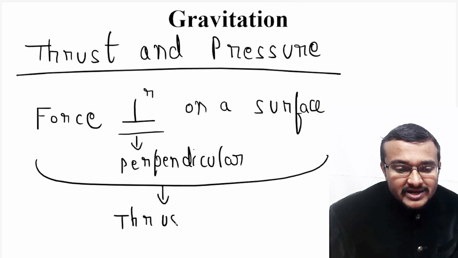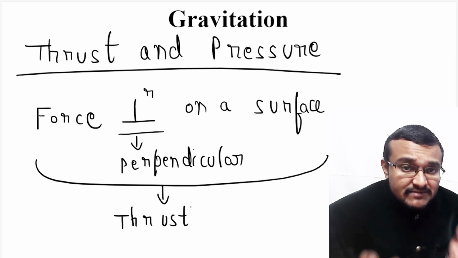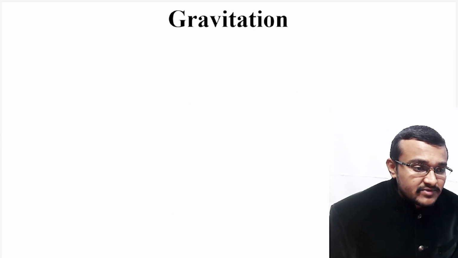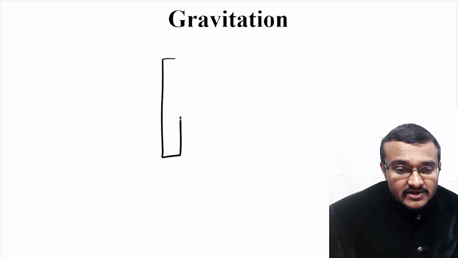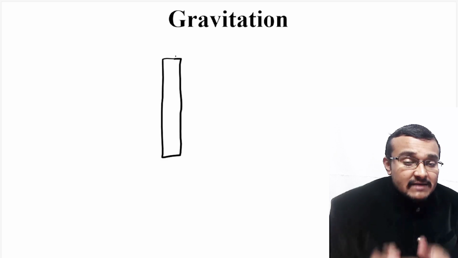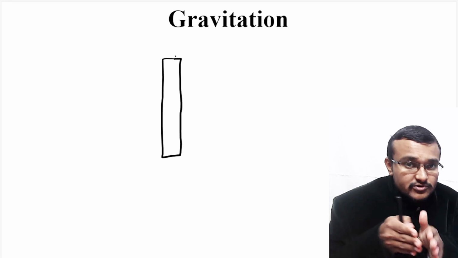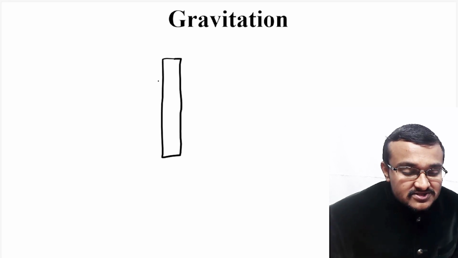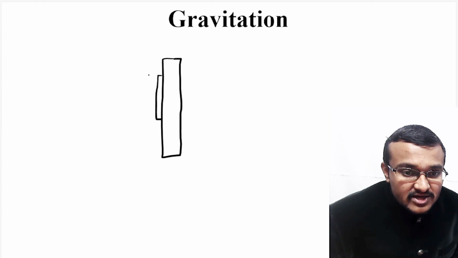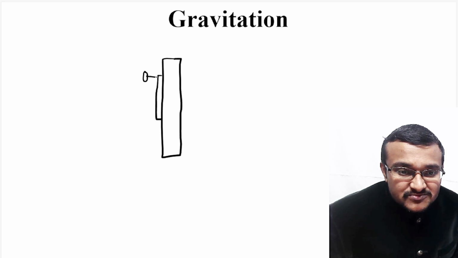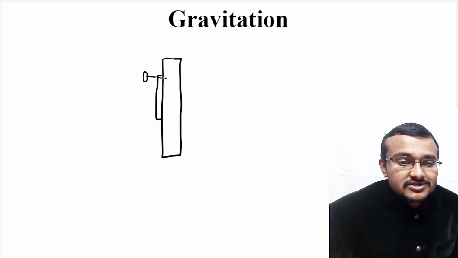Now you might have seen certain examples around you. For example, in your schools, if you have a notice board like this, I am giving the side view of the notice board. If you want to stick a pamphlet on this notice board, you will take a nail. By using this nail, you will stick the pamphlet onto the notice board.